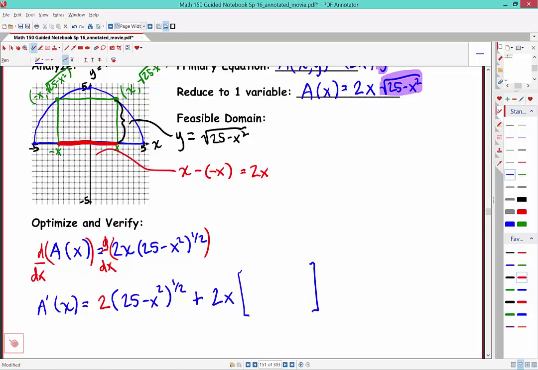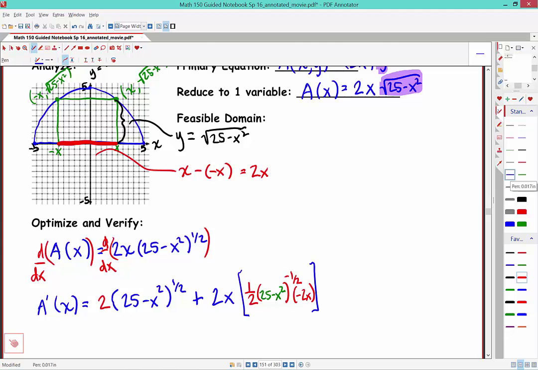So we will have 1/2 times our something to the negative 1/2. Our something is 25 minus x squared, and differentiating the 25 minus x squared will get negative 2x.